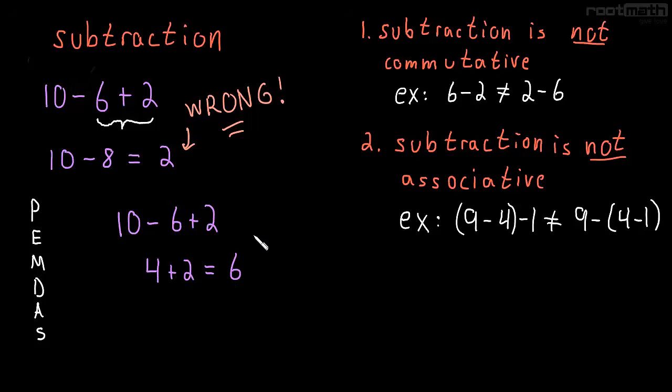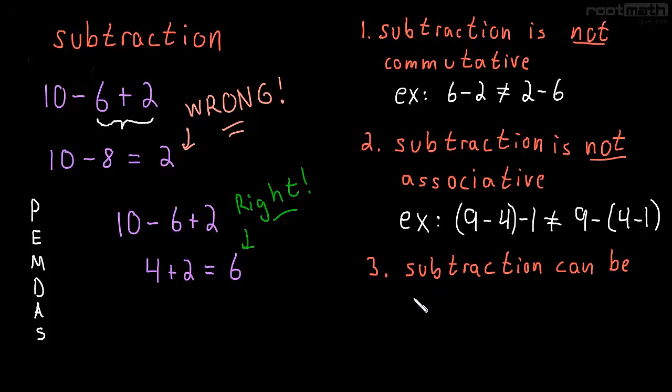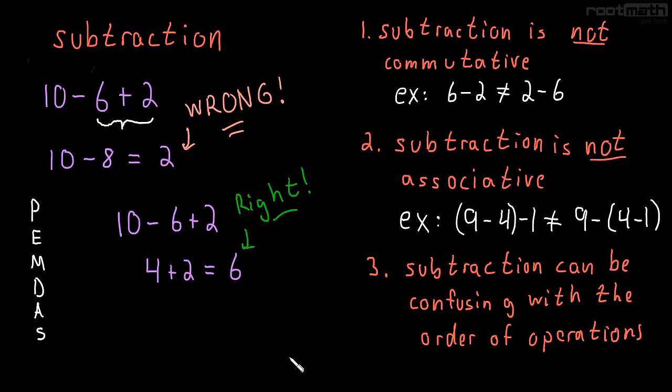And that's the right answer. So the third reason subtraction isn't that great is because subtraction can be confusing with the order of operations if we're not careful. And our example for this one is 10 minus 6 plus 2.